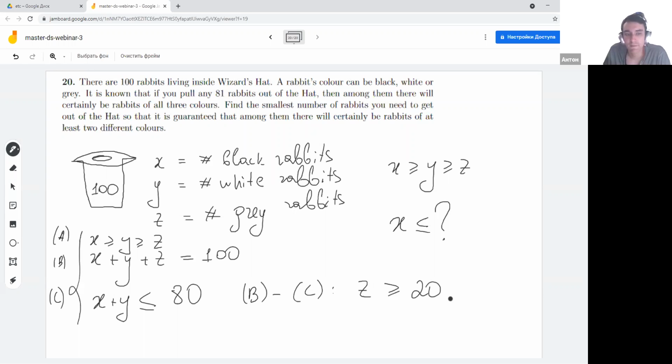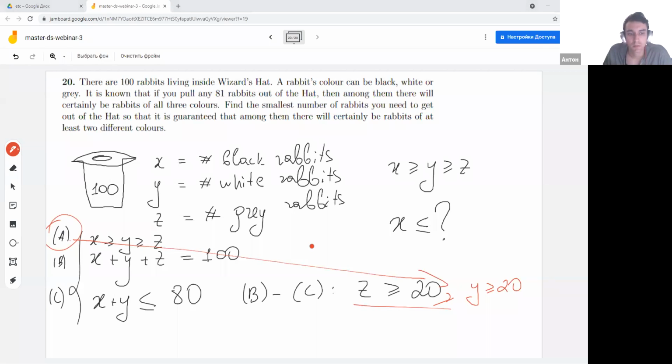Very well. Having this and having A also leads us to the conclusion that Y is also not less than 20, because Y is not less than Z.